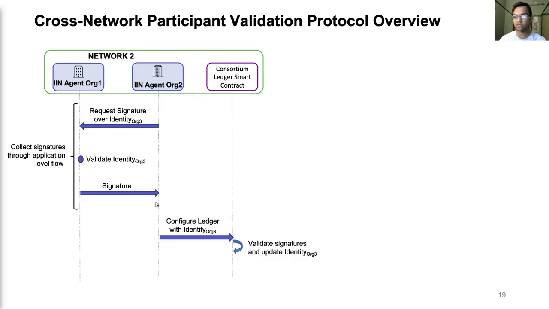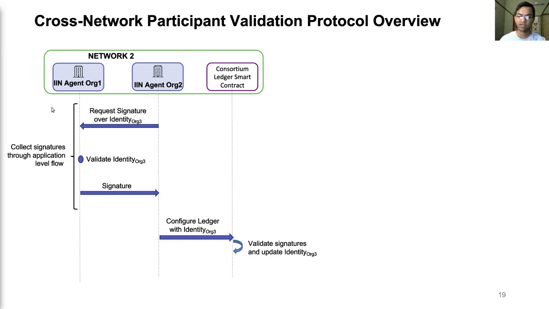to Org2. So in this way, Org2 collects all the attestations from the network participants and sends a transaction to the consortium smart contract, where the smart contract validates the signatures of the participants and updates the identity configuration in the ledger.